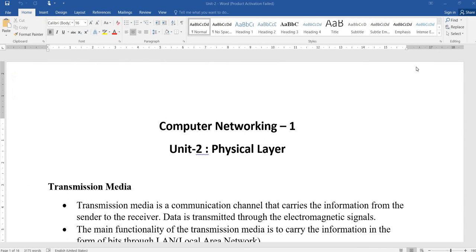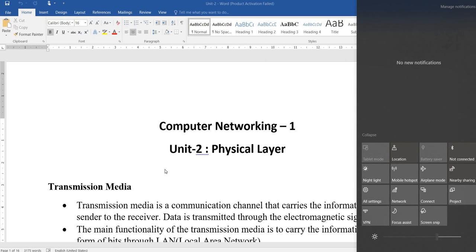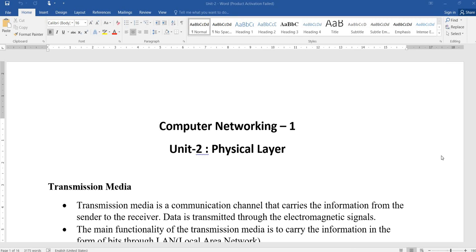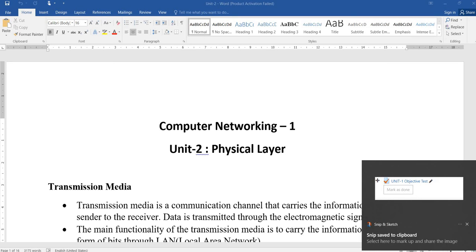Yesterday, due to some reasons, I could not take the class. I have already uploaded the Unit One objective type questions in the Moodle, and let me share the link.